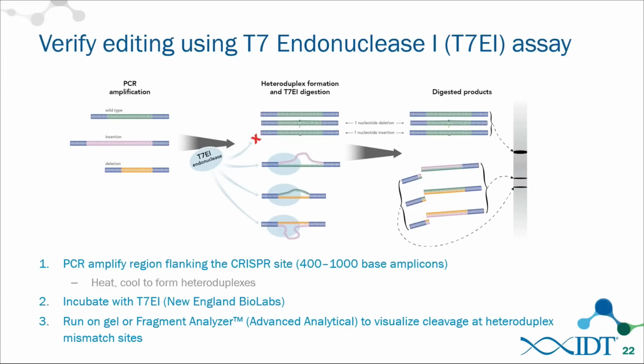But largely, what we see is a pairing of a sizable insertion, maybe it's 5, maybe it's 20 bases, paired with a wild-type strand. Likewise, a wild-type could pair with a deletion event, so forming a bubble then on opposite sides of the wild-type strand, and the deletion could pair with the insertion. All of these, shown in the figure, would be recognized by the T7 E1 mismatch endonuclease and would be cleaved.